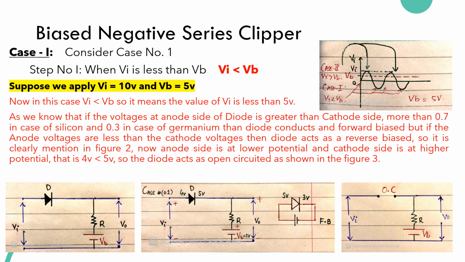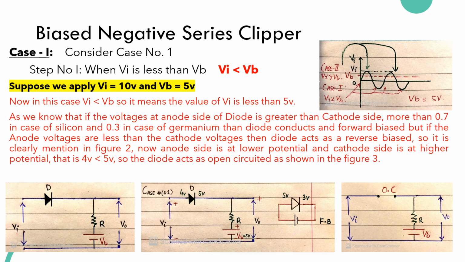Now in this case number 1, anode side is at lower potential and cathode side is at higher potential. So 4 volts is at the anode side and 5 volts, as shown in the figure, at the cathode side.